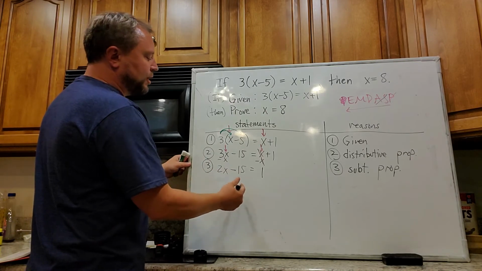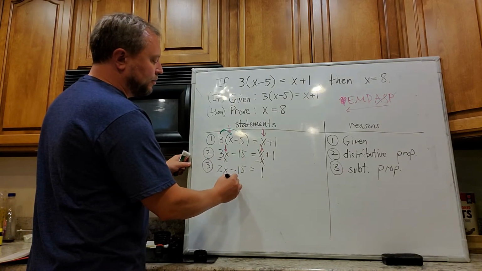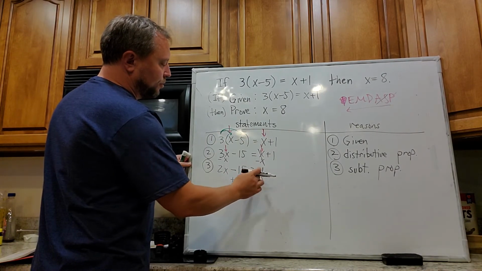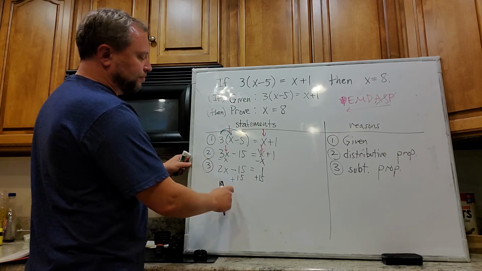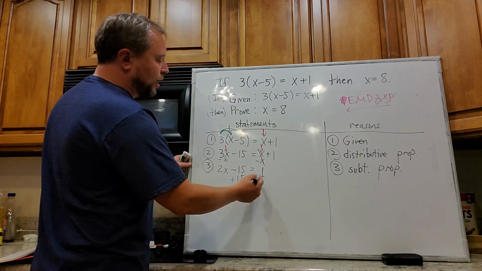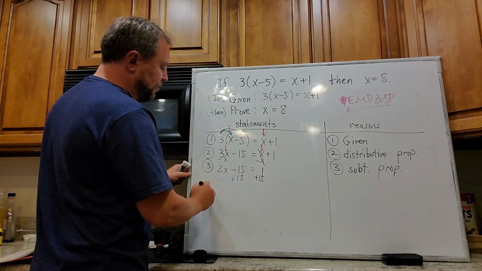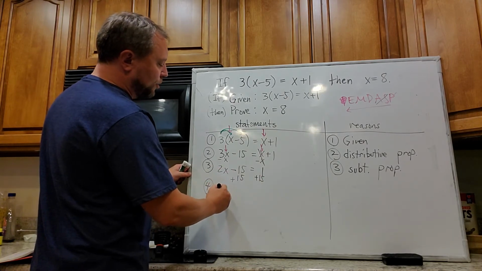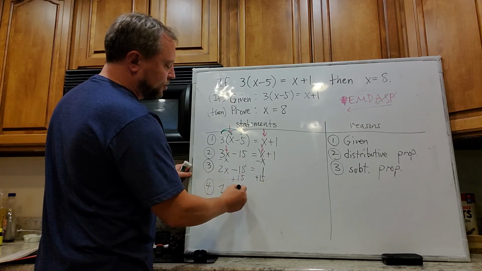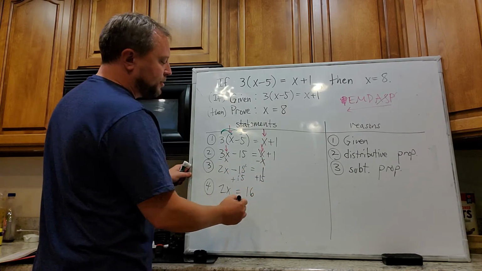That minus 15 I can get rid of by adding, right? Do the opposite. If they subtract, you add. Whatever you do to one side, you got to do the other. So I'm going to add 15 to both sides here. And I end up with 2x. This cancels. So 2x equals 16.